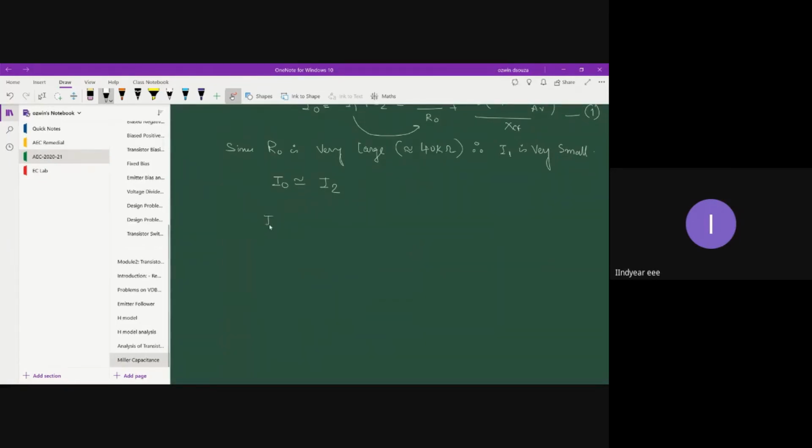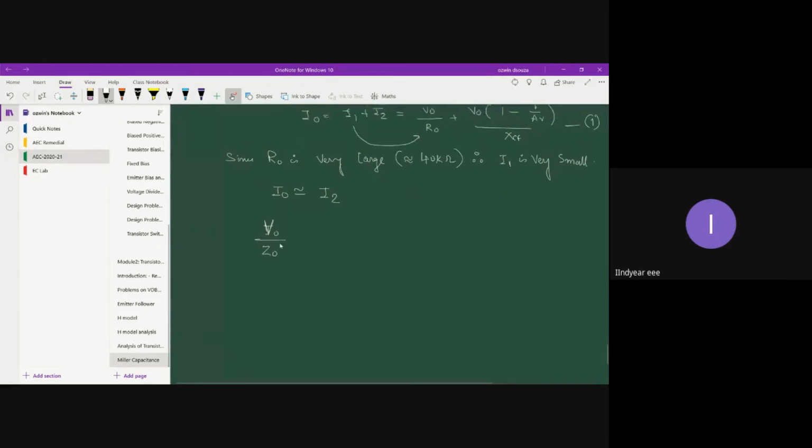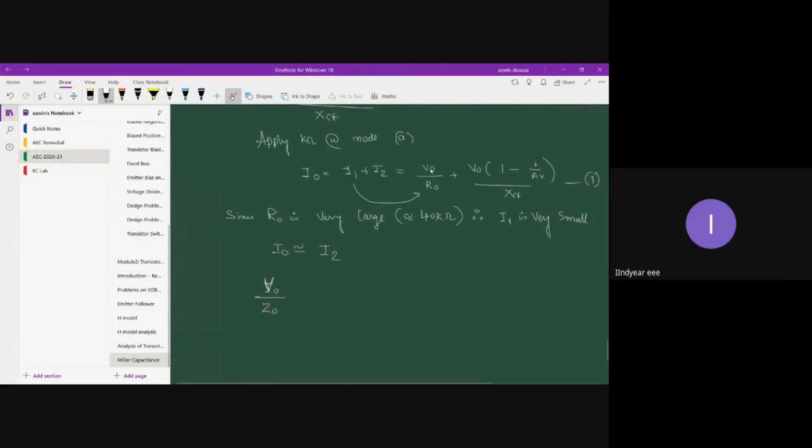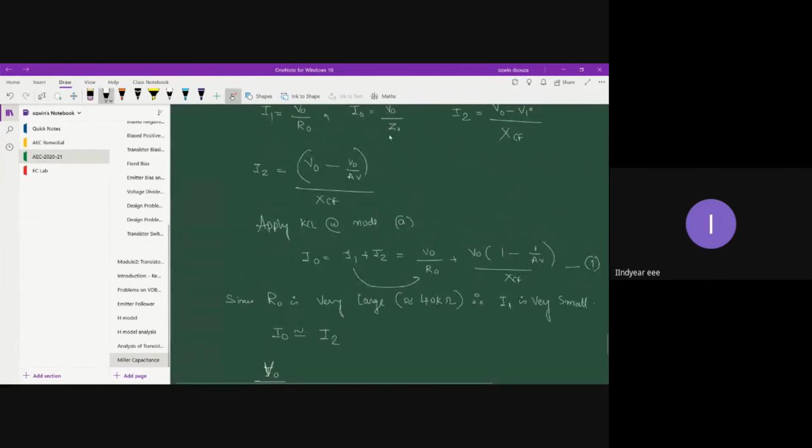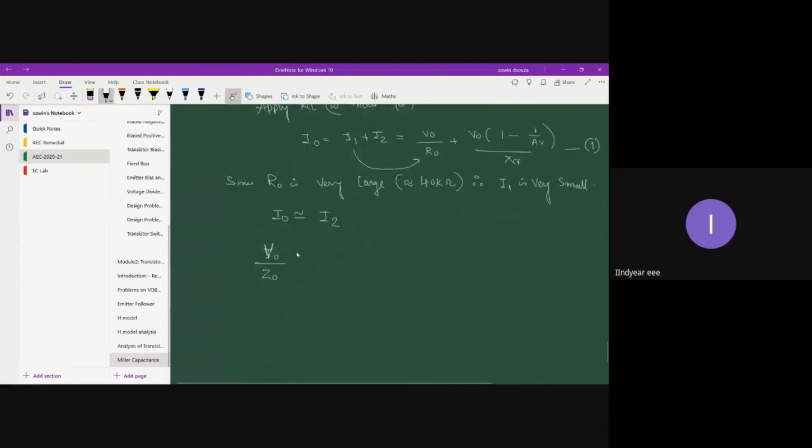So I naught is V naught by Z naught, as stated earlier here. Here I have written V naught by Z naught, which is approximately equal to I2, and I2 is here. This is I2, and this is I1.